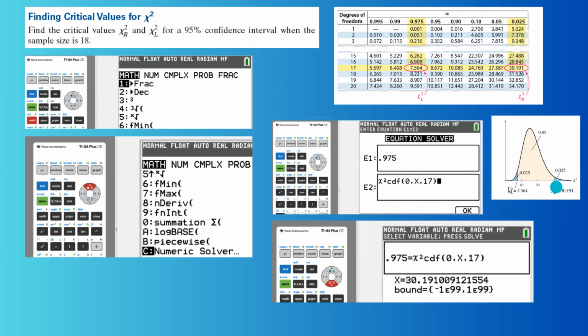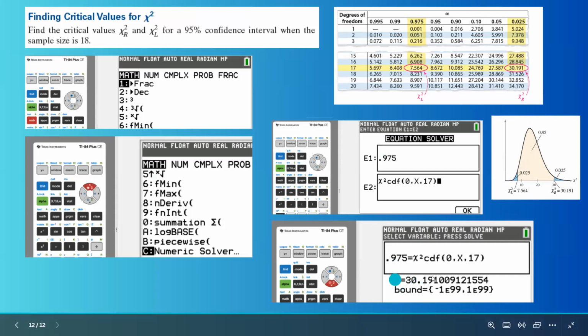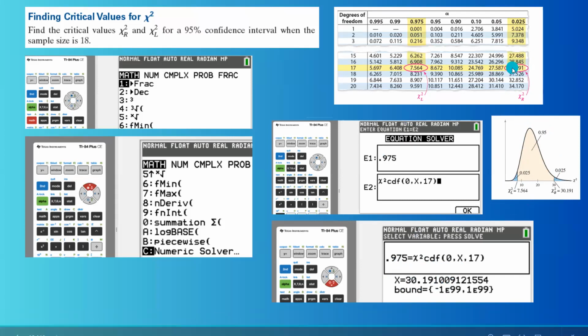So you want to know at which point when you stop, what is this value? When you stop at this value, the area is equal to this area, which is 97.5%. When the equation is solved, you see X is equal to 13.1910, which is basically the same as what you see here.